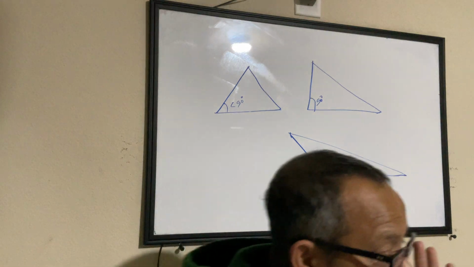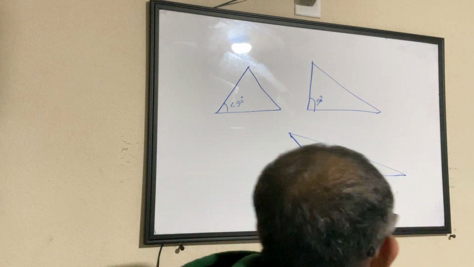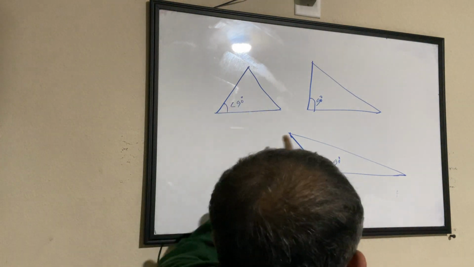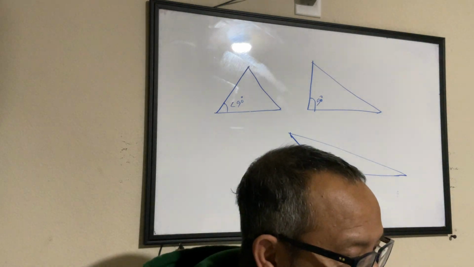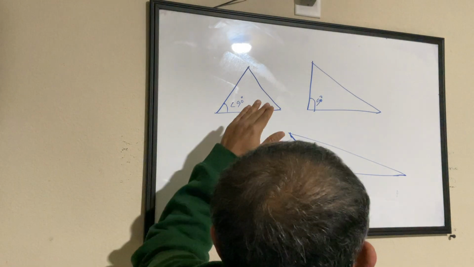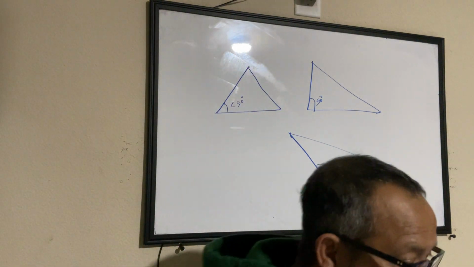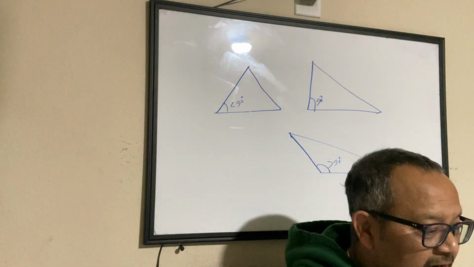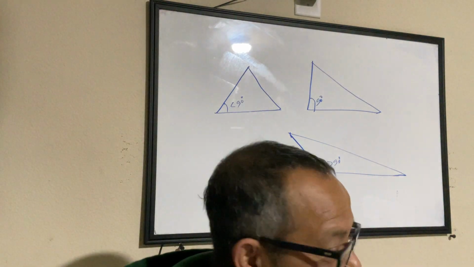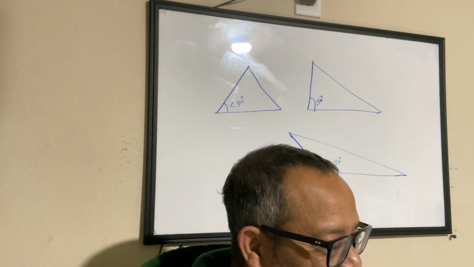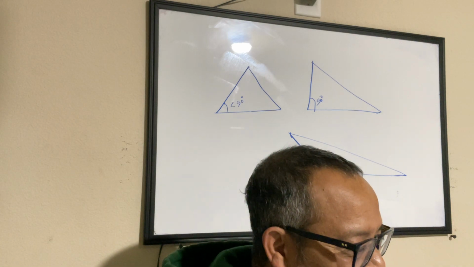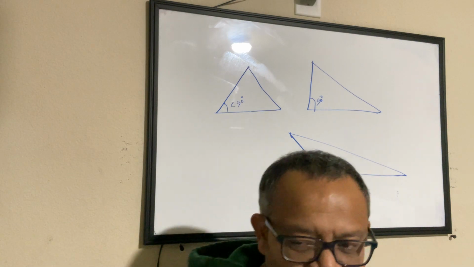Just one clue for you all: I'm not talking about the sides here, I'm talking about the angles. If you look at this triangle with the view of angle in mind, what is this one called? Aditi, do you remember?